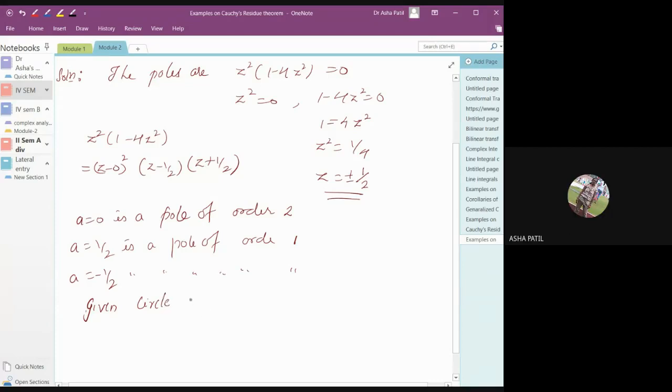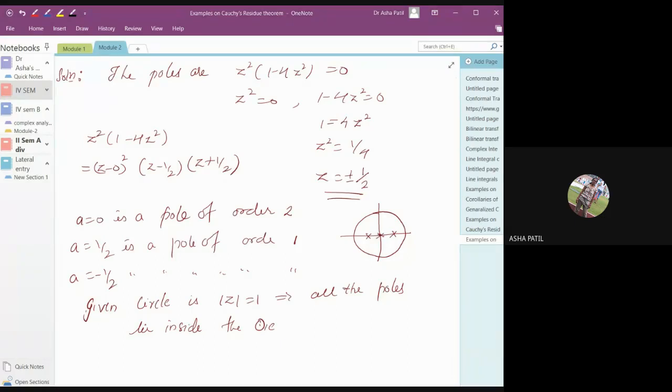Yes, given circle is |z| = 1, so all the poles lie inside the circle, because the circle has radius 1, whereas the poles are one at half, another at minus half, and another at 0. All the poles lie inside the circle whose radius is 1.